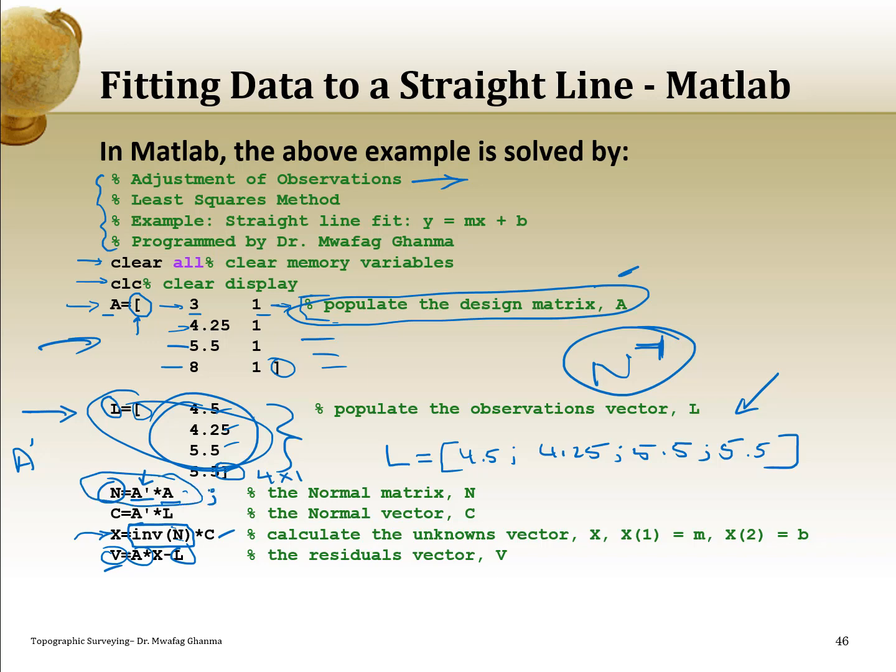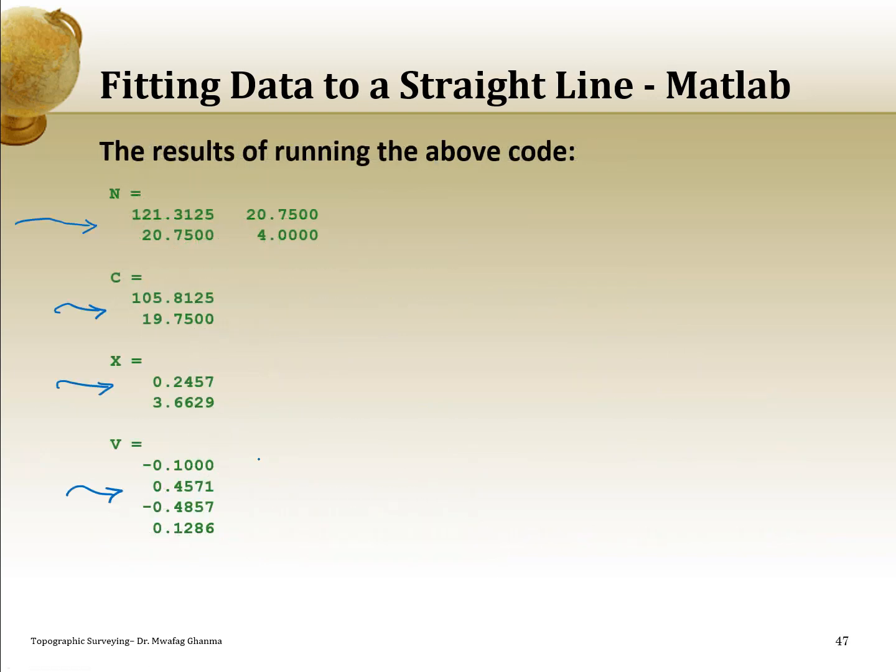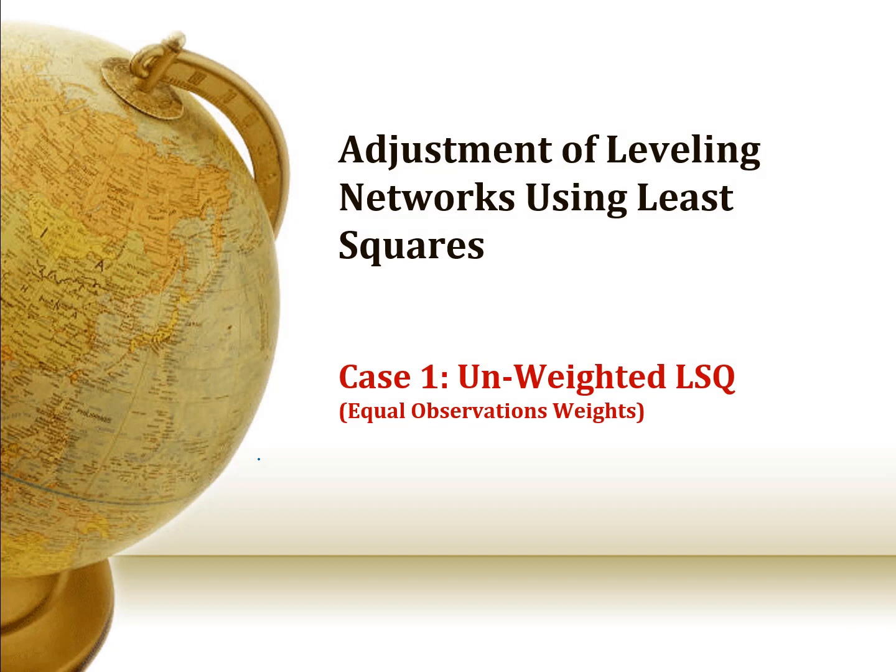I don't want to show it, so you just follow it by a semicolon. The semicolon will prevent the values, once N and C are calculated, from being shown on the output screen. It looks like in the program that I implemented, A and L have semicolons, because A and L are not showing here. So it's your choice what you want to see and what you want to hide.